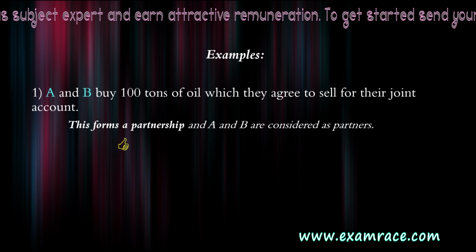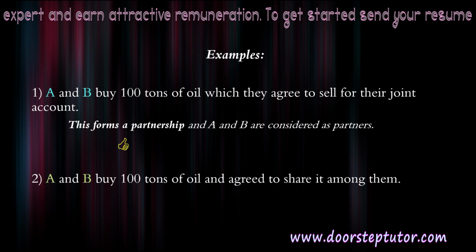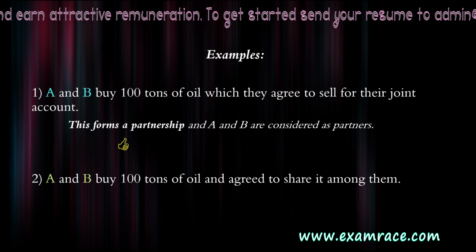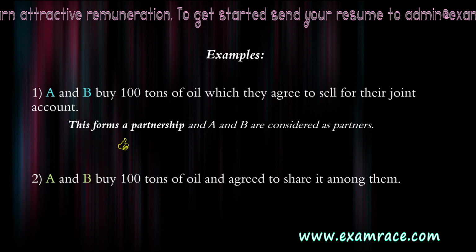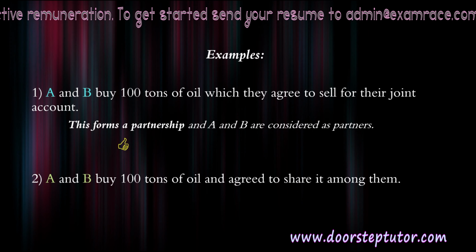Now let us take a look at another example. We have the same A and B. They are buying 100 tons of oil and they agreed to share it among them. Do you find a mistake over here? For sure.